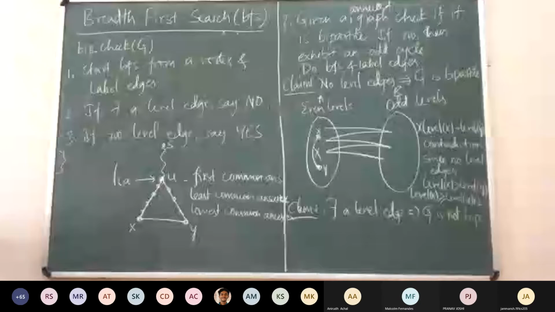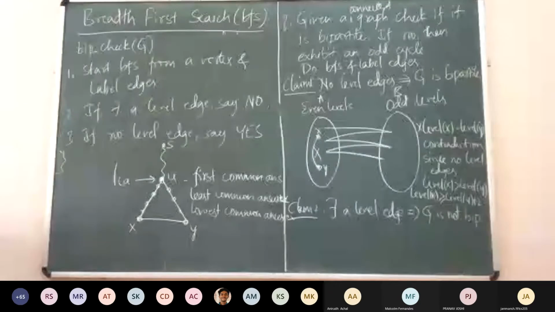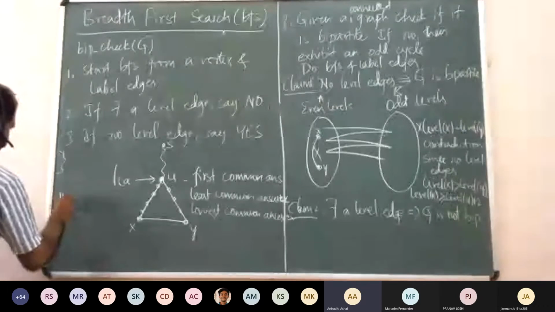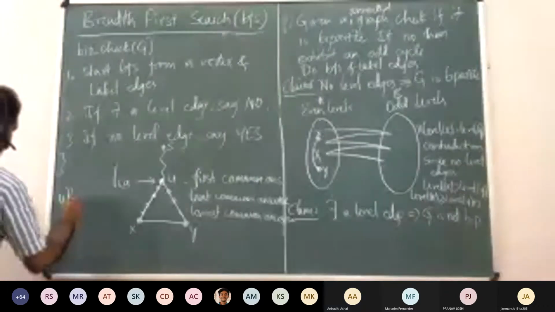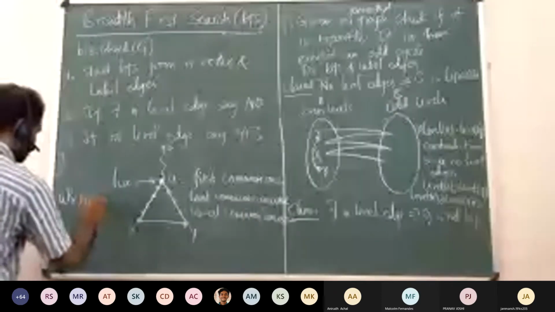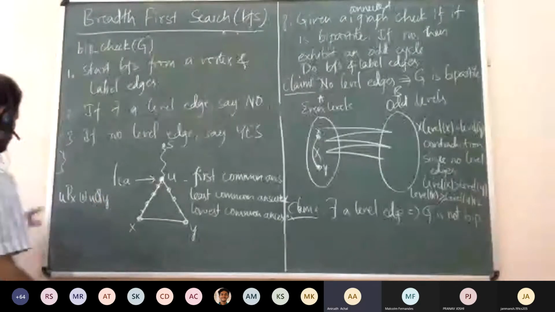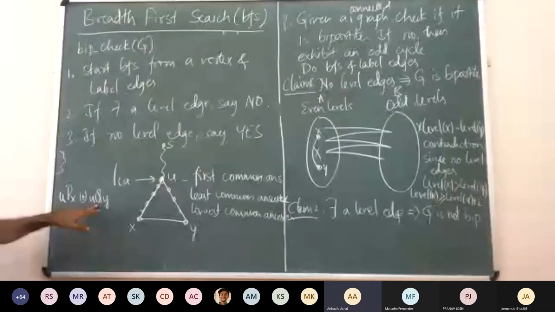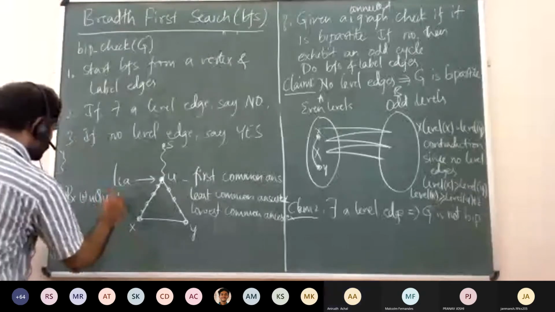So then what do you want to say? Then the cycle is U to X, X to Y, Y to U. So that's an odd cycle. Basically, the path U P X and the path U Q Y: this is the path in the tree from U to X, this is the path in the tree from U to Y, plus the edge XY.